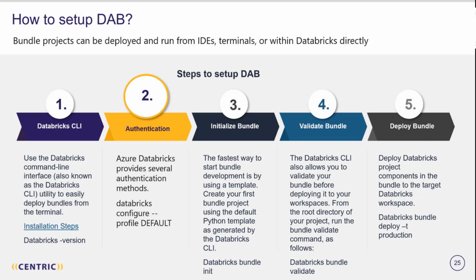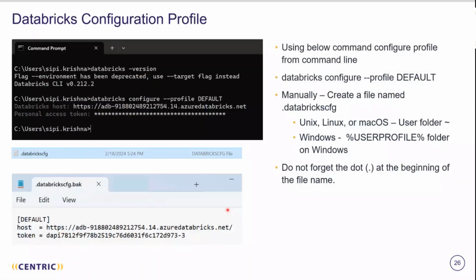For PAT authentication, you need to write this command, databricks configure profile default, which is over here. And this is what I did over here. When you click on enter, it asks for the Databricks host name, which is the URL of your Databricks workspace. And then it will ask for the personal access token.